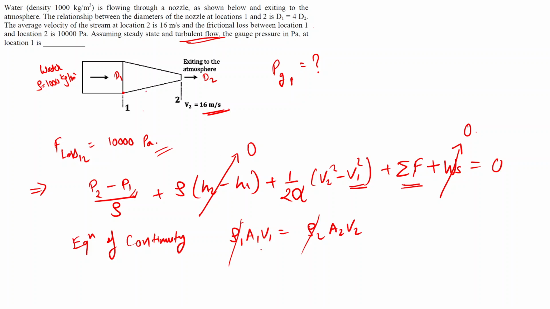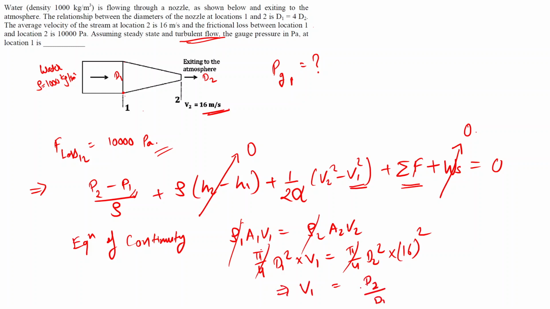The area at location 1 is pi by 4 d1 square. Velocity we have to find as V1. Area at this point is pi by 4 d2 square, and the velocity we have been given as 16. So this will get cancelled out, and V1 will be (d2 upon d1) whole square into 16.